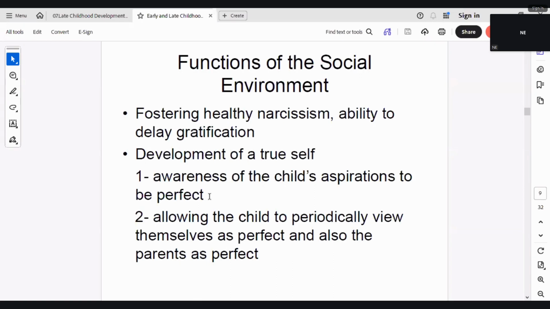Also allowing the child to periodically view themselves as perfect and view their parents as perfect. It's really important for kids to have that view of their parent, like they become their role model. So, if there is a marital conflict, for example, and one parent puts the other one down, portraying them as imperfect or with many flaws, it doesn't really help the child.